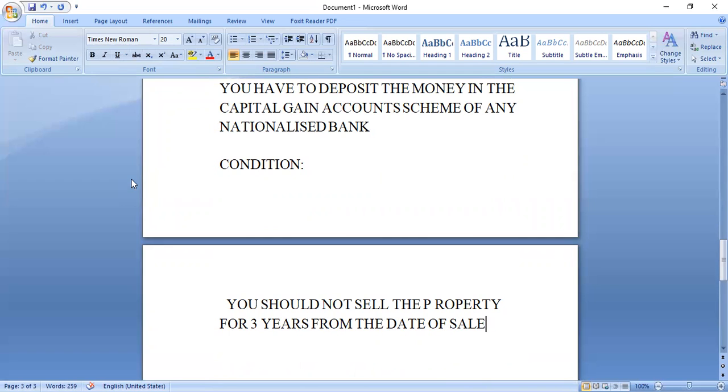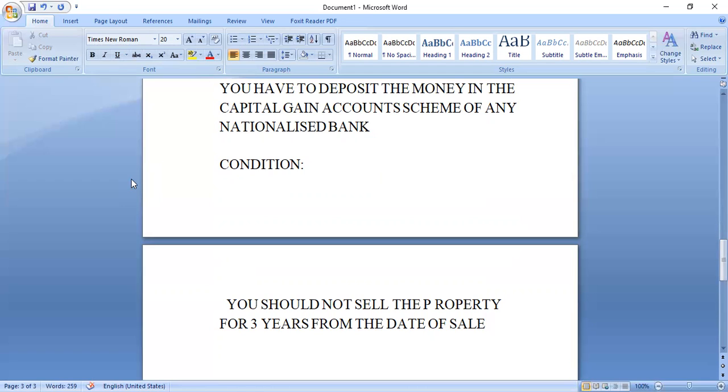This is section 54. You sell your house, you can buy a new house within the stipulated time period, and you have to deposit the money in the capital gain account scheme of any nationalized bank.